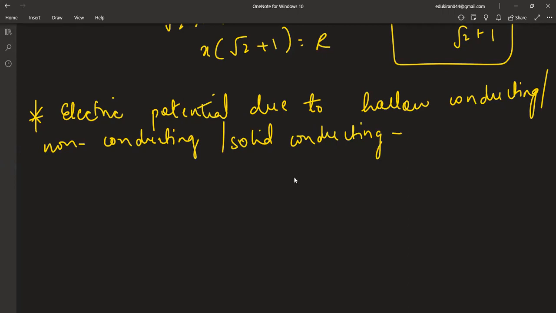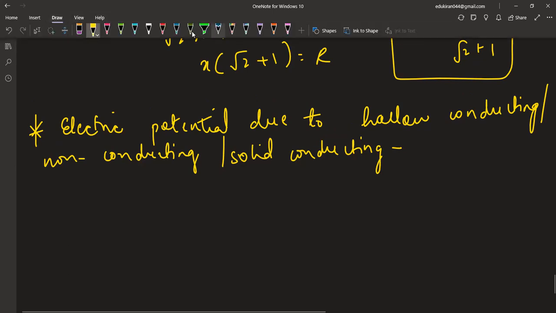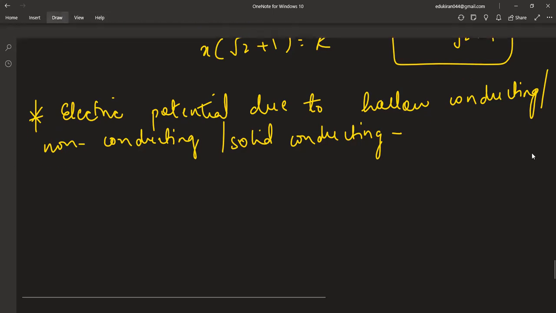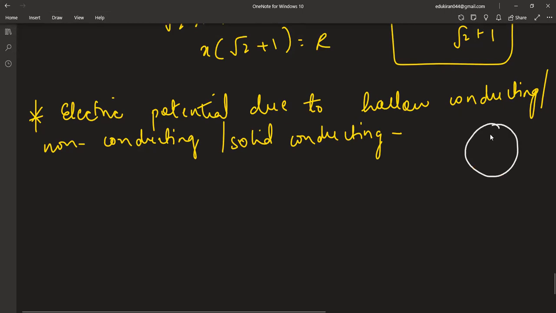No, ma'am. See, I'll draw the figure then. By the figure, you'll be able to remember it better. When I say hollow conducting, it means nothing is present inside. Hollow you already know. Conducting means the charges are just present on the surface.